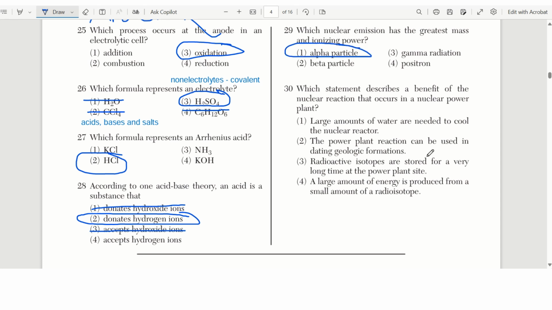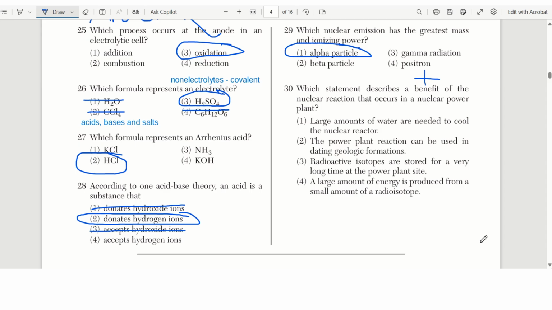There we go. Which statement describes a benefit, so that's a plus, of the nuclear reaction that occurs in a nuclear power plant? Large amounts of water are needed to cool the reactor. Well, that doesn't sound like a positive. The power plant reaction can be used in dating geologic formations. That doesn't sound right.